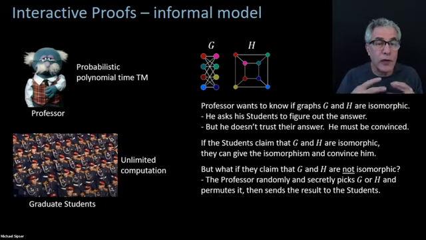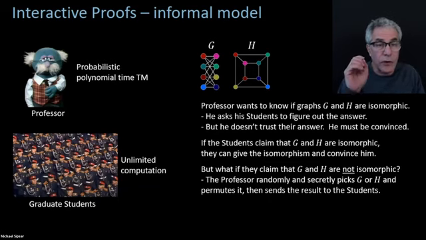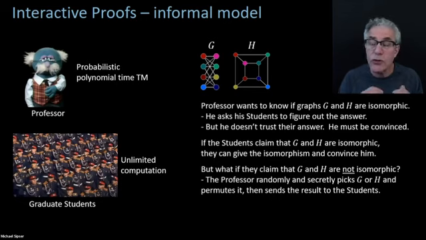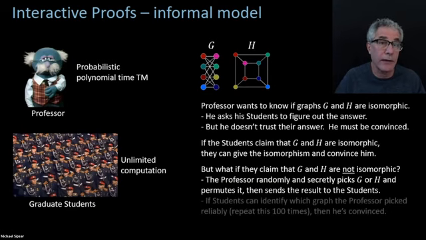So if we do that a bunch of times, the professor picks at random, secretly, either G or H, and the students get it right every time. Either the students are really doing the work and the graphs are really not isomorphic, or the students are just incredibly lucky. They're managing to guess right, let's say 100 times.